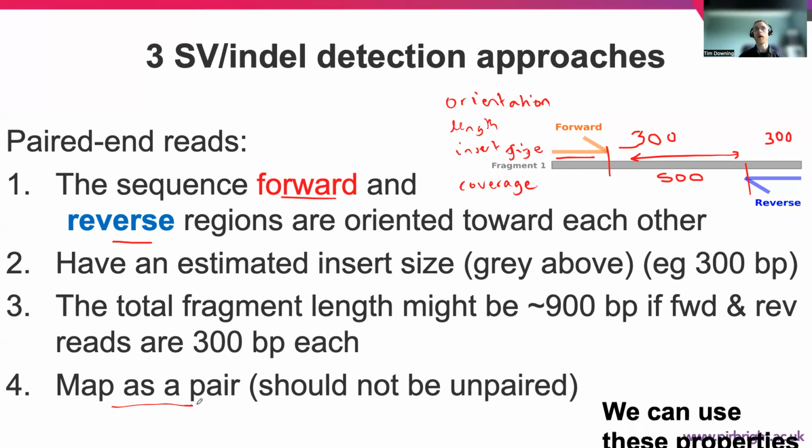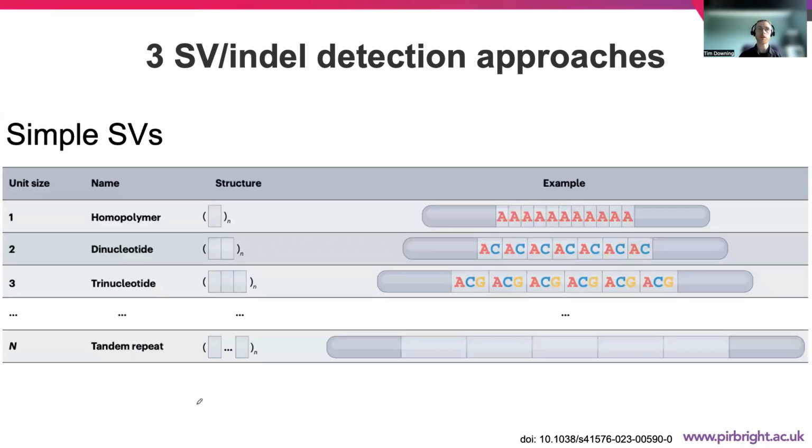So we have the classic low complexity regions, so repeats of some length of homopolymers, dinucleotide, trinucleotide, or more complex repeats of a particular length. And as you can guess, if these are large, they're more difficult to resolve. So the key thing for simple structure variants, or indeed complex ones, is that if our reads have a particular length, like the ones we had before, and our repeat size is smaller than the read length, that will mean resolving this repeat will be easier.